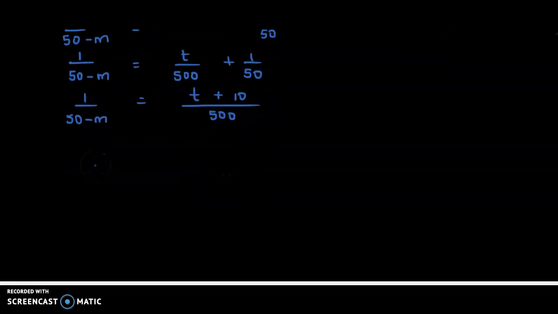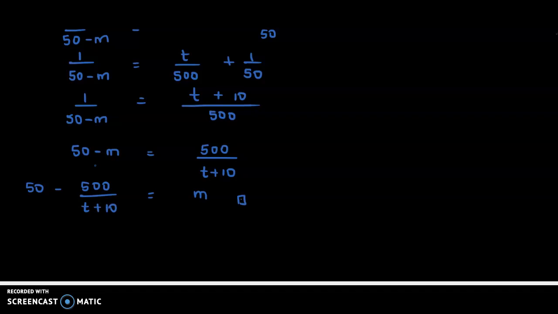Inverting both sides, you're going to get 50 minus m is equal to 500 over t plus 10. So m is going to be equal to 50 minus 500 over t plus 10, which is exactly what we wanted to show.